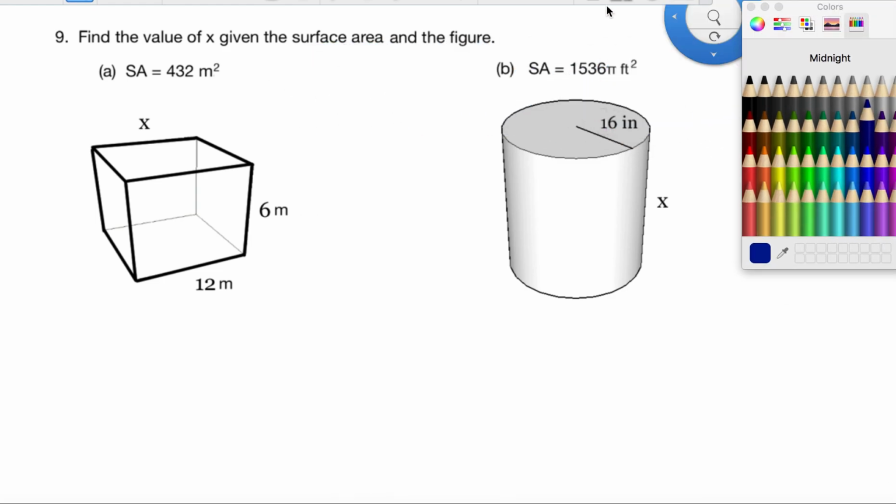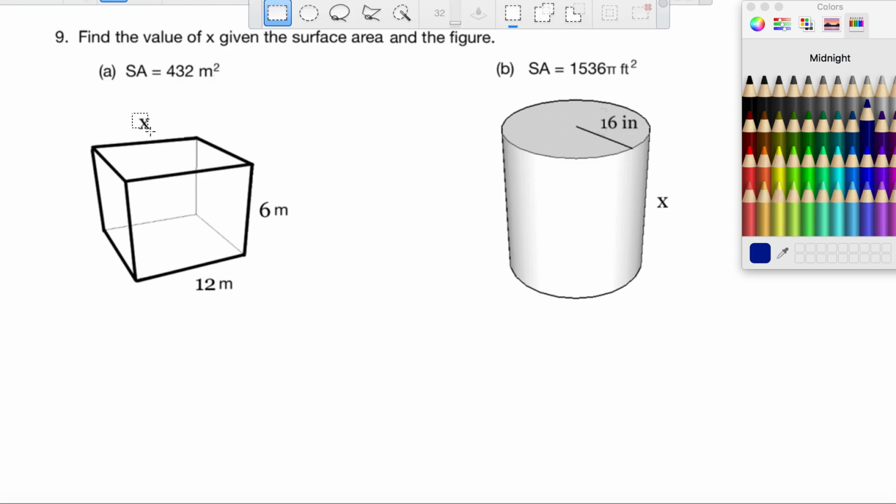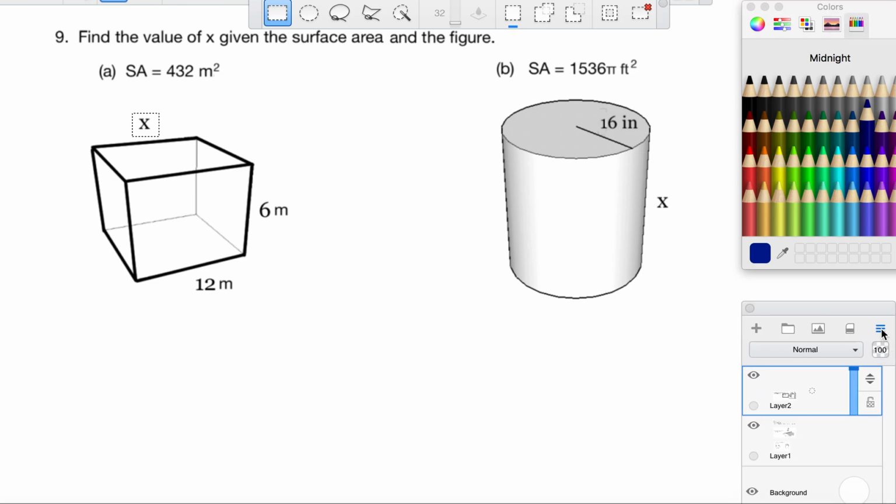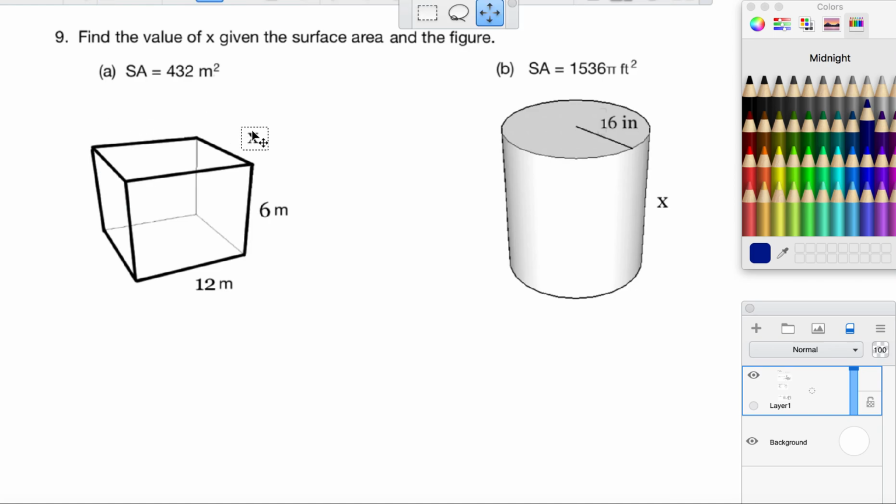Okay, so first of all, I got x in the wrong place here. So let's fix this. We want to put x over here. So we have this prism and this length right here we can call L. This length right here we can call height, and this x right here would be the width.